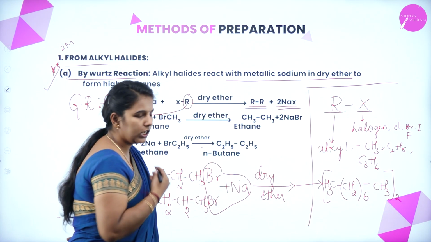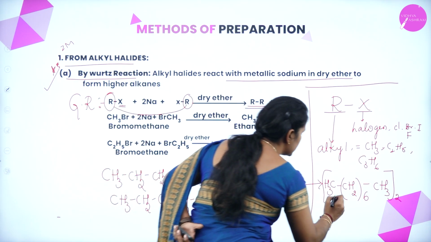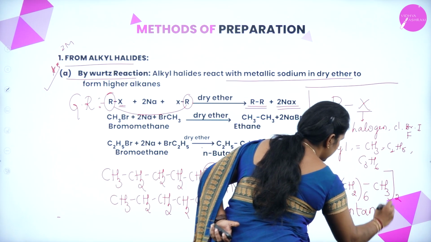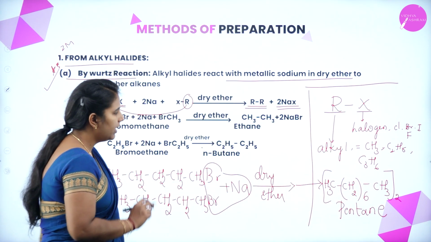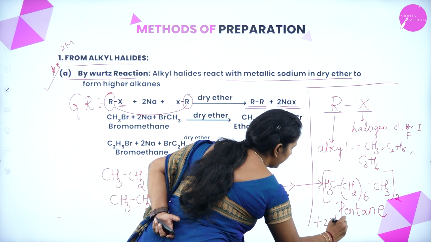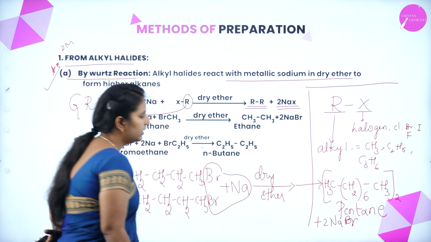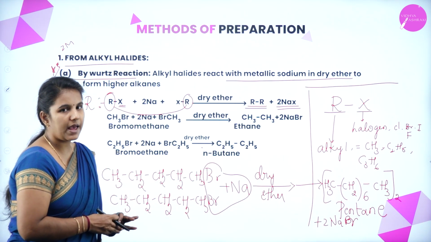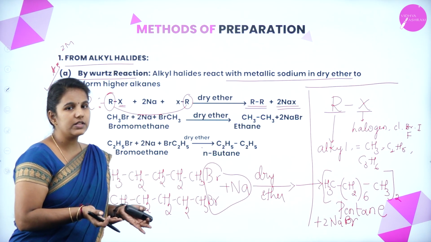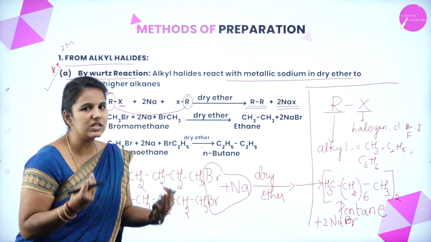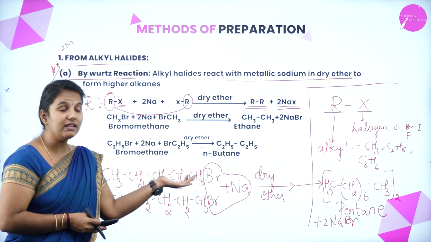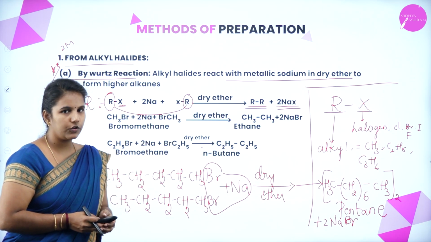So, this is my compound and it is named as pentane, along with the release of 2NaBr. This is how we can write the example for the Wood's reaction where my alkyl halide reacts with the sodium metal in presence of dry ether, it forms a hydrocarbon. It gives an alkane.